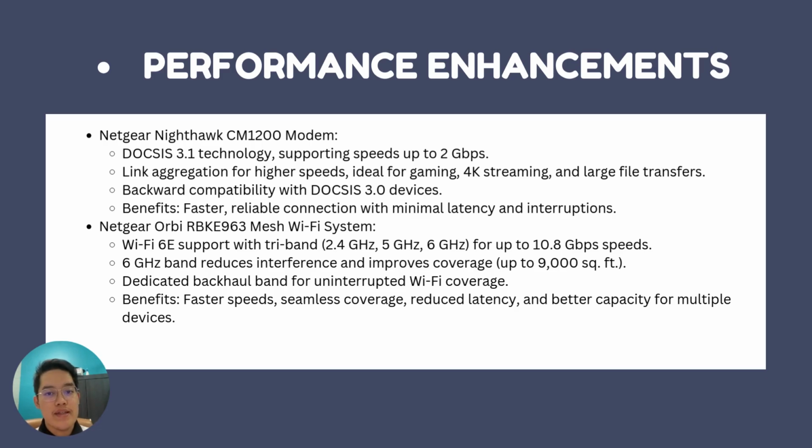Meanwhile, the Netgear Orbi Wi-Fi system supports Wi-Fi 6E with tri-band 2.4, 5 and 6 GHz for up to 10.8 Gbps of speed. The benefits are faster speeds, seamless coverage, reduced latency, and better capacity for multiple devices.